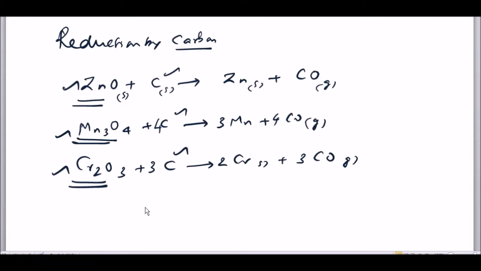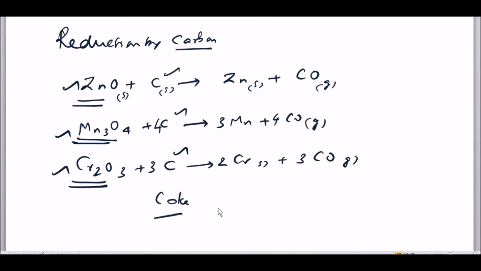These things can be treated with the carbon in the blast furnace just by sending these ores along with the carbon on strong heating, which means the coke is taken in the blast furnace along with these oxides.